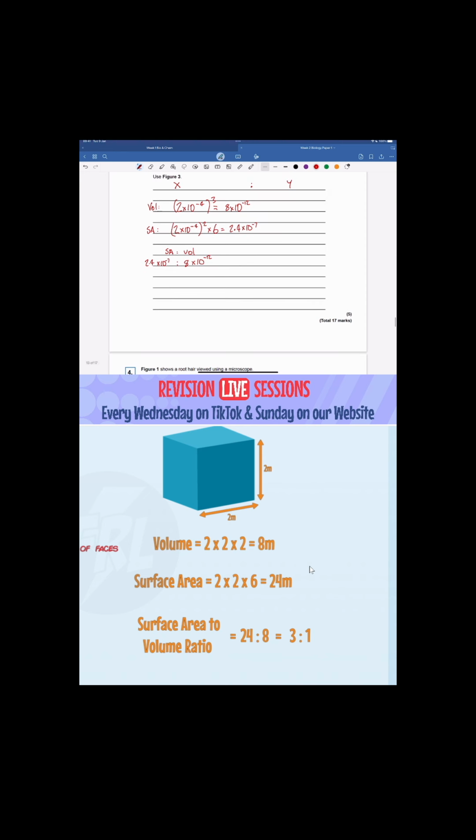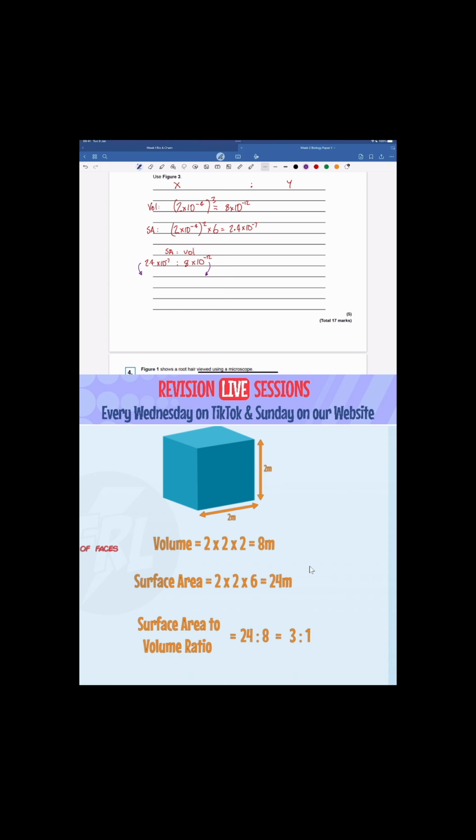We need to make one of the numbers 1. How do we make one of the numbers 1? It needs to be something to 1 or 1 to something. Divide both sides. Good. You want to divide both sides, not by surface area, but by whichever one's smaller.